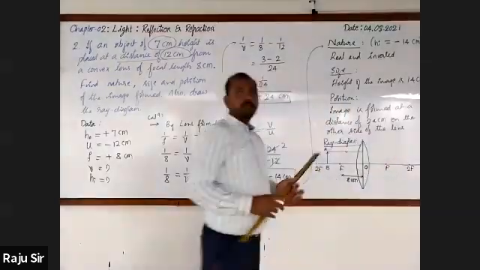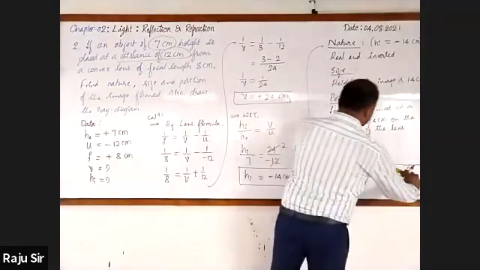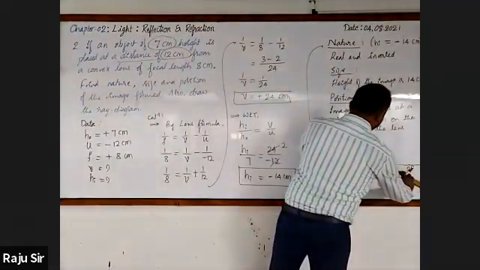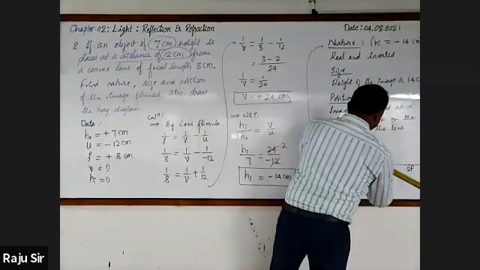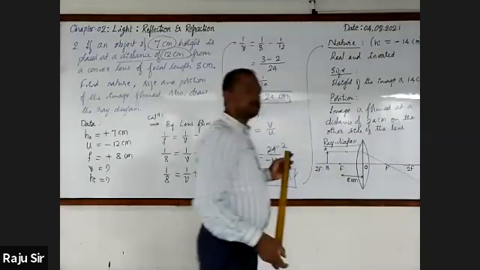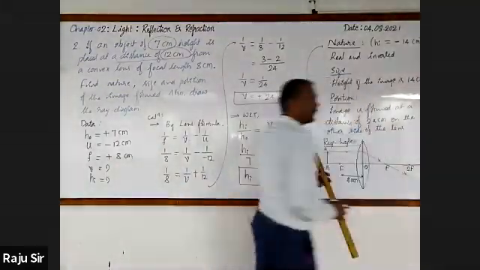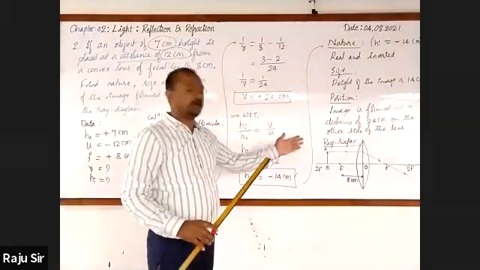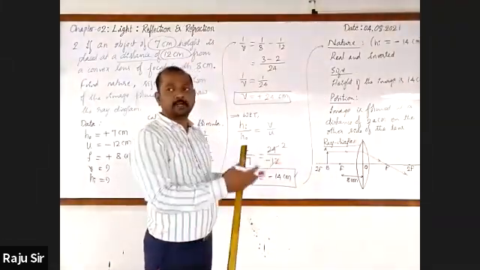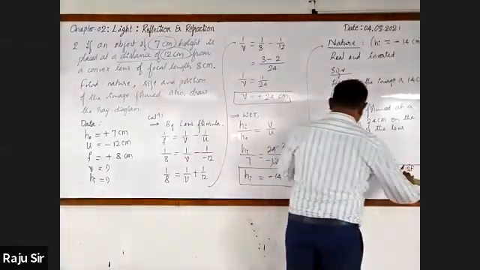We all know that this ray passes through the focus on the other side of the lens. What is the second ray? Yes. The ray of light coming from the object incident at the optical center passes through the lens without bending. Show that ray.